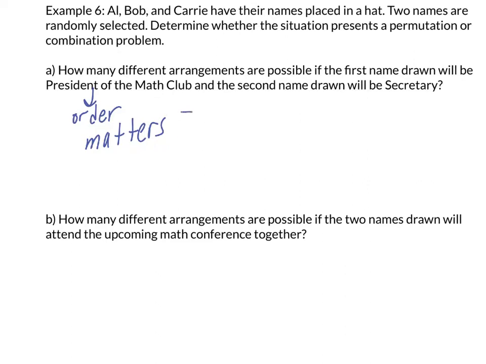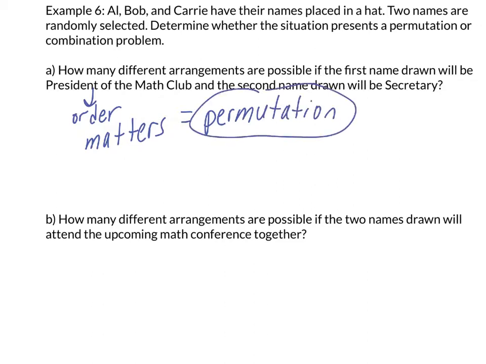And when order matters, that means that this is a permutation question, so we need to use the NPR button within the graphing calculator.